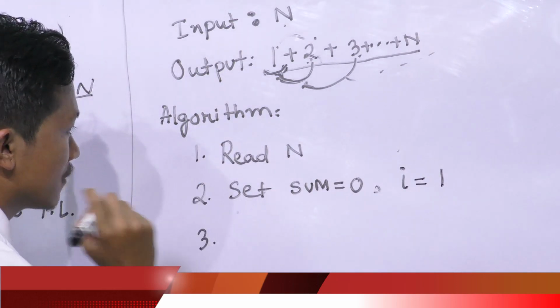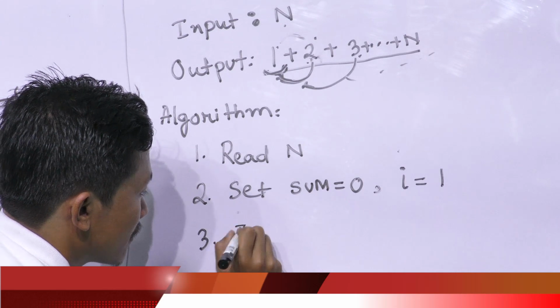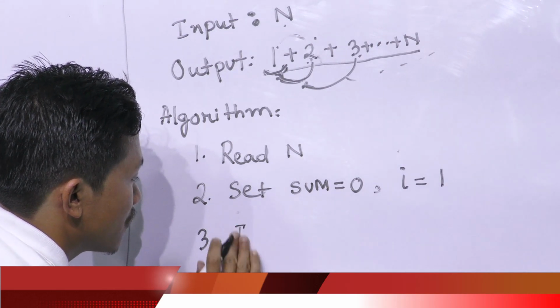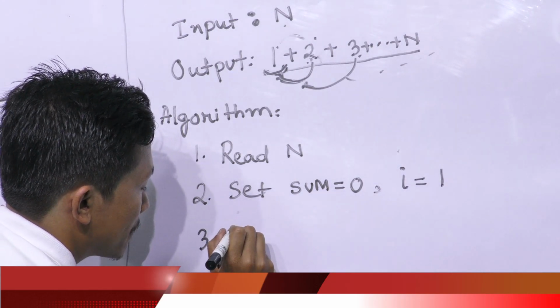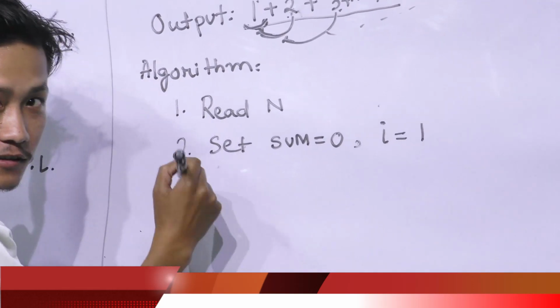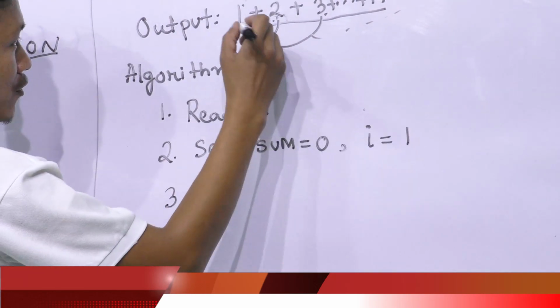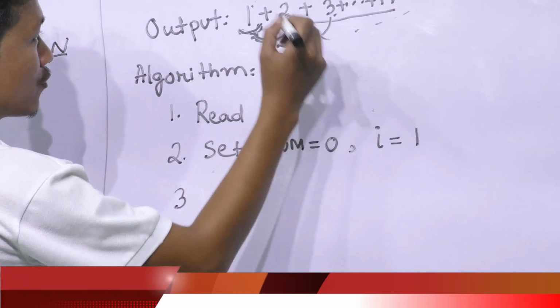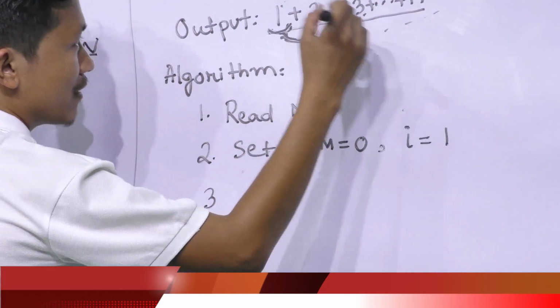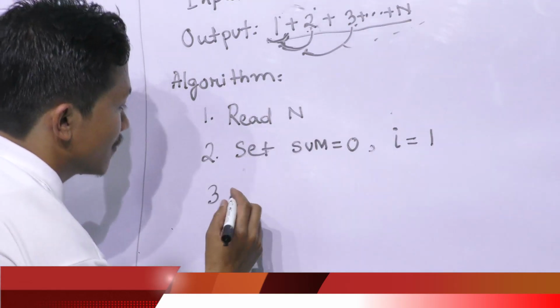Then I am using while, so this process will start from I equal to 1 to I equal to n. Whenever I is less than or equal to n, we have to do this intermediate sum.